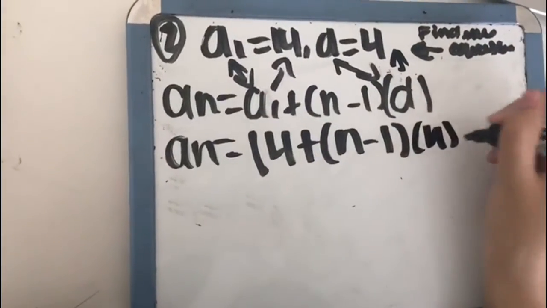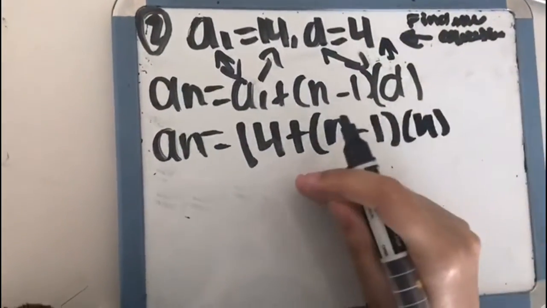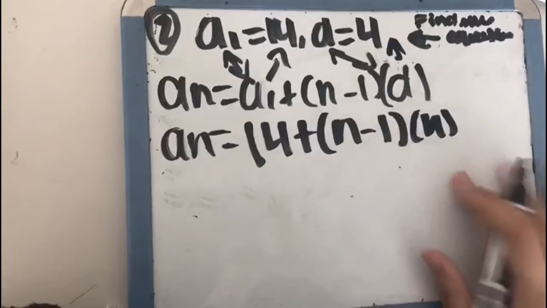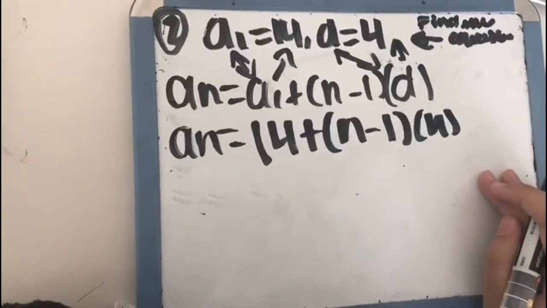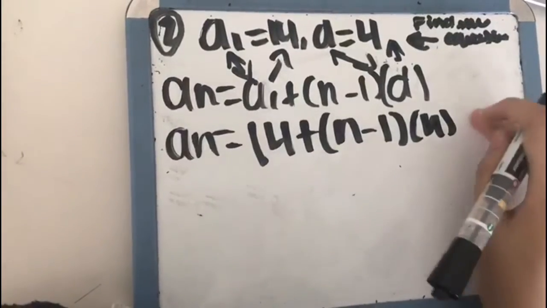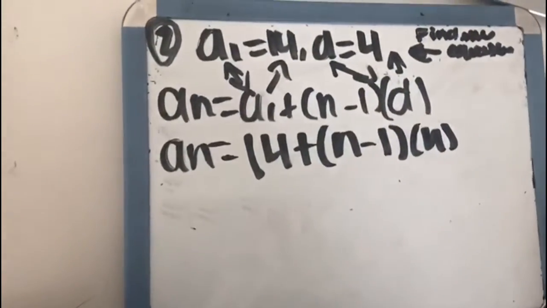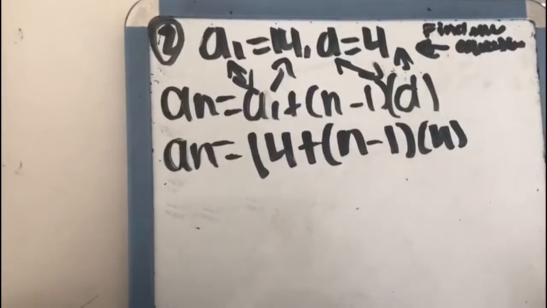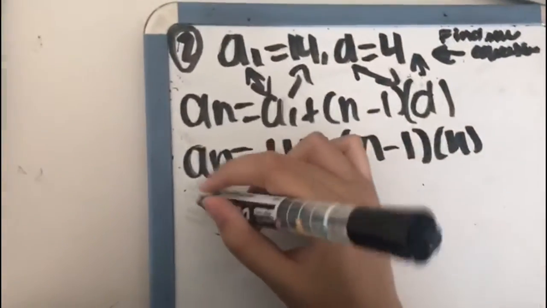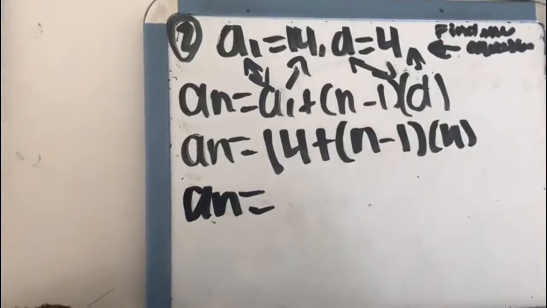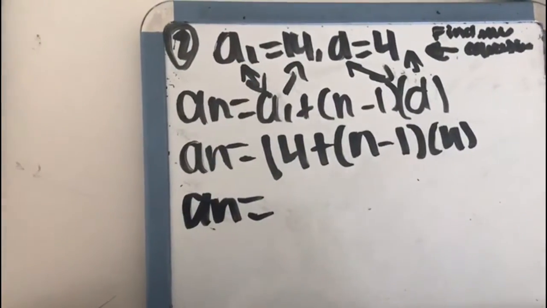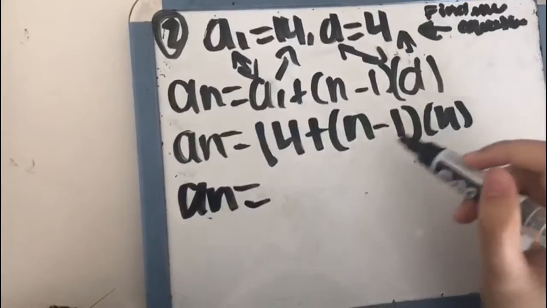So basically 4. Now we're actually not done yet. This is not the final formula or the equation. People think that this is just the second step and that's done. It's not. You have one more step. What you're gonna have to do is distribute the 4 by n and minus 1 and 14.